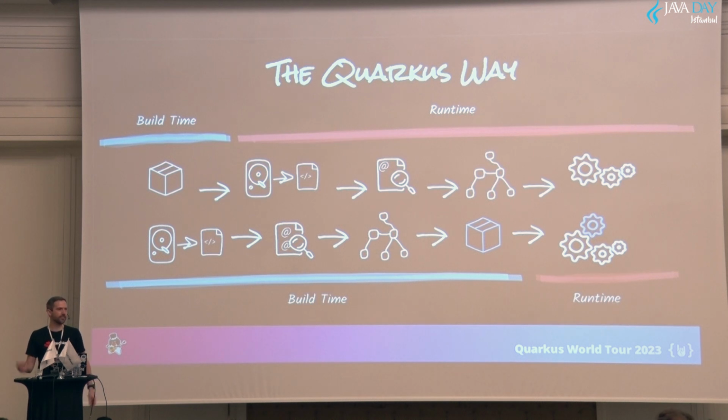Which is really cool. So, the way that Quarkus does its build compared to the classic way that a Java application is built: on the top, you can see the way that I was showing before. Here at the bottom, you can see how Quarkus does it. At build time, before you're finalizing the packaging of your application, Quarkus is going to do a bunch of that work that traditionally happens when you start up your application.